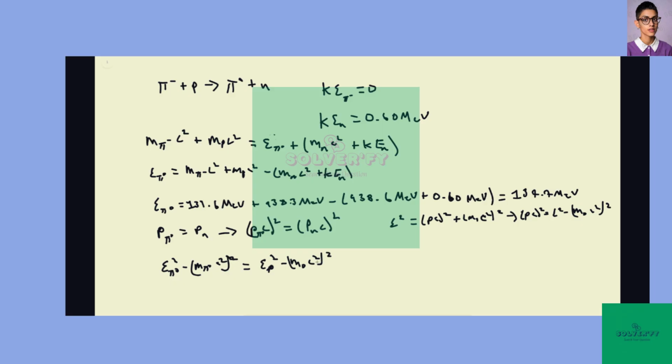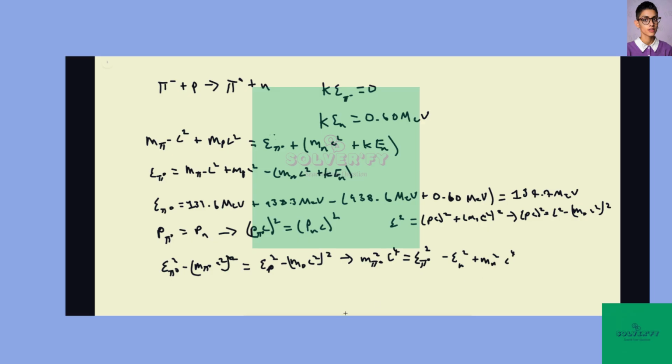All right, so now we can rearrange this and solve for the rest mass of the pion. So we can say m pi neutral squared times c to the fourth is equal to the total energy of the neutral pion squared, minus the total energy of the neutron squared, plus the rest mass energy of the neutron squared.